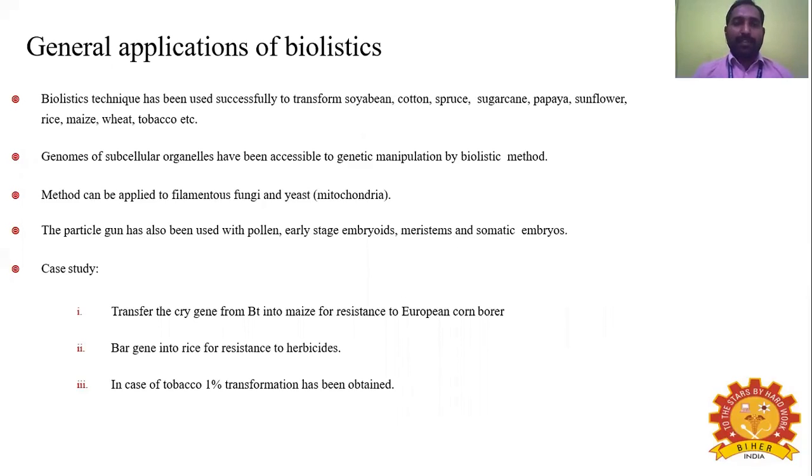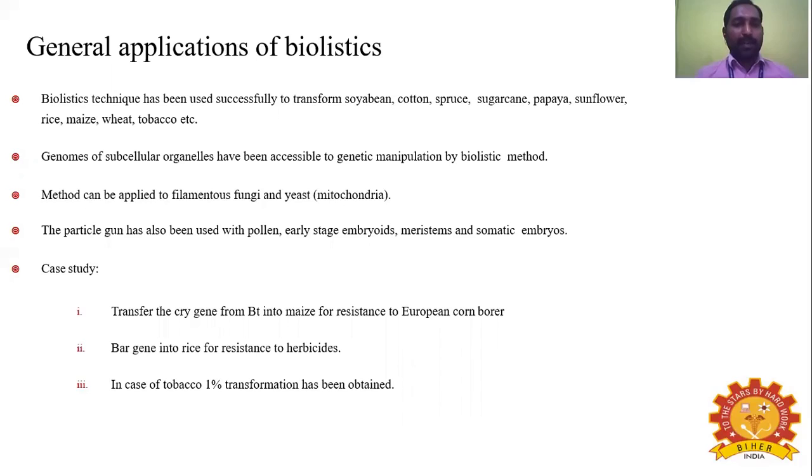So here we have the general applications of biolistic. The biolistic method can be utilized to transform different plants like soybean, cotton, spruce, sugarcane, papaya, sunflower, rice, maize, wheat, and tobacco. So these are the plants that have utilized this biolistic technique.